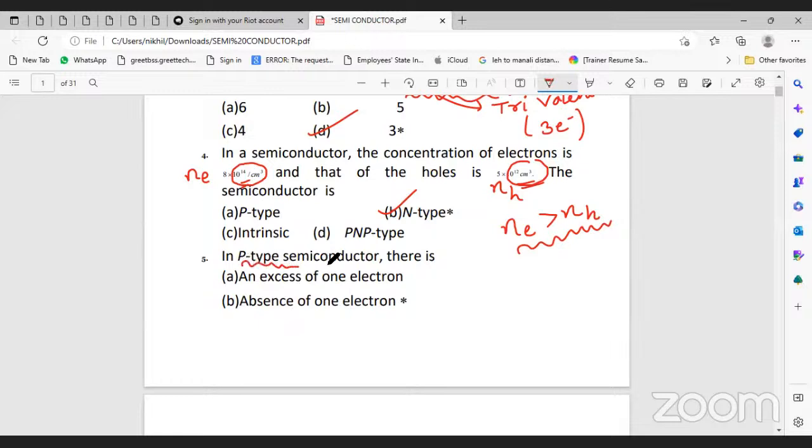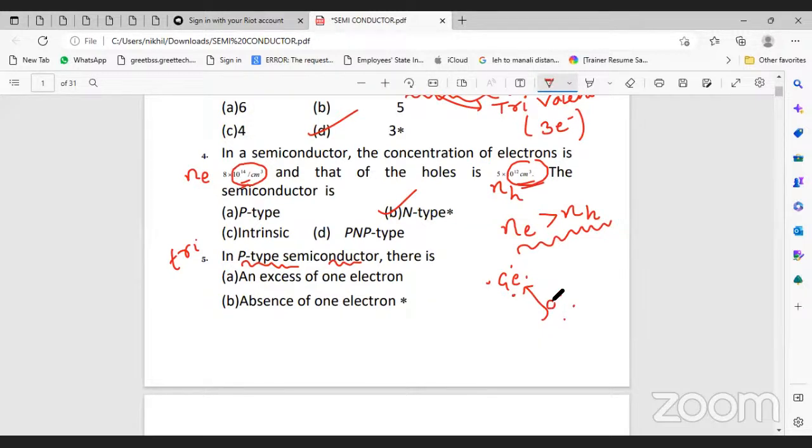In a p-type semiconductor, when it is doped with trivalent elements, with germanium or silicon, you know that germanium contains 4 valence electrons. When it is doped with a trivalent element, indium, gallium, boron, like that, it contains only 3 electrons.